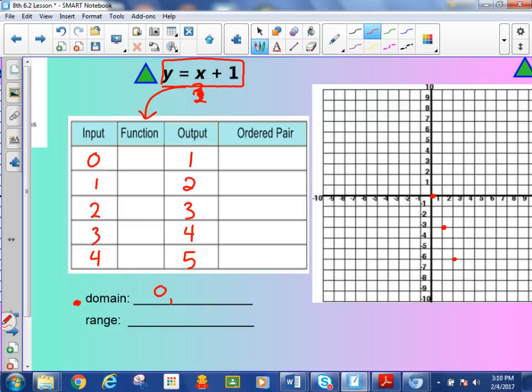Those are 0, 1, 2, 3, and 4. And our outputs, where we went out to, where we ranged to, that would be 1, 2, 3, 4, and 5. Okay, so if we graph these over to 0, up to 1, over to 1, up to 2, over to 2, up to 3, you can see the pattern very quickly, and then we would draw our line through that.